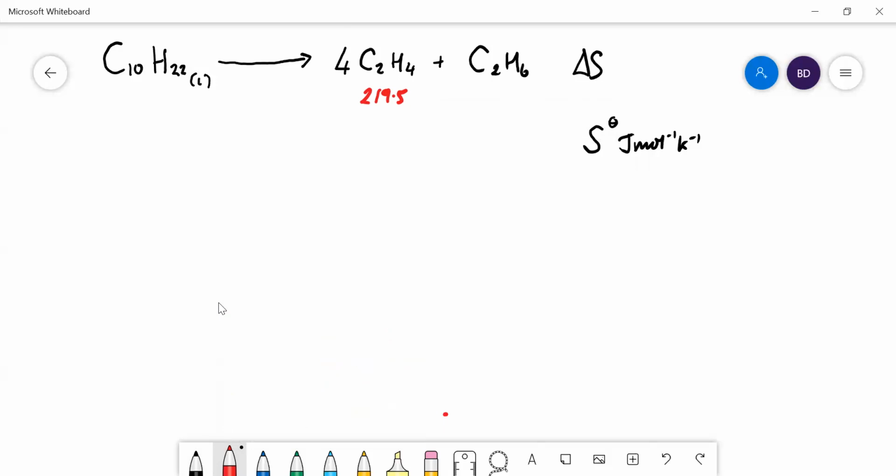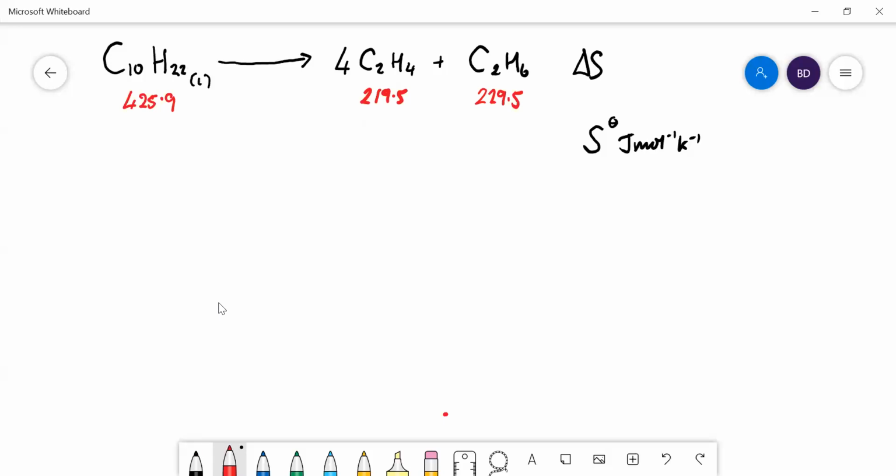C2H6 is slightly higher because there's more atoms in it, 229.5. And for decane, it's going to be quite a lot more, 425.9. And that's even though decane is a liquid, and these are gases.